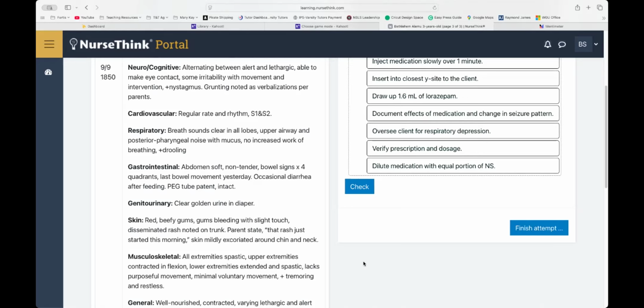Yep, that upper airway noise means he's not handling his secretions well, not able to swallow or cough very well to clear that airway. Likely drooling so much that he's causing that skin breakdown on his chin and his neck.